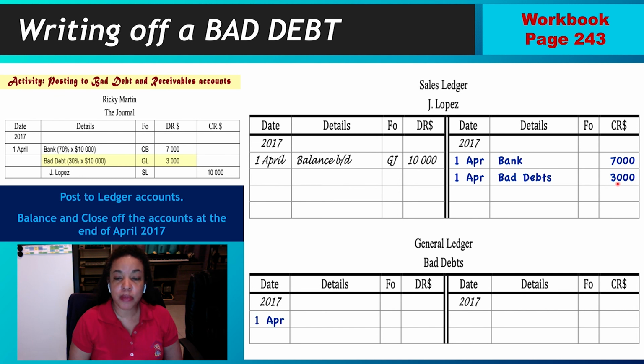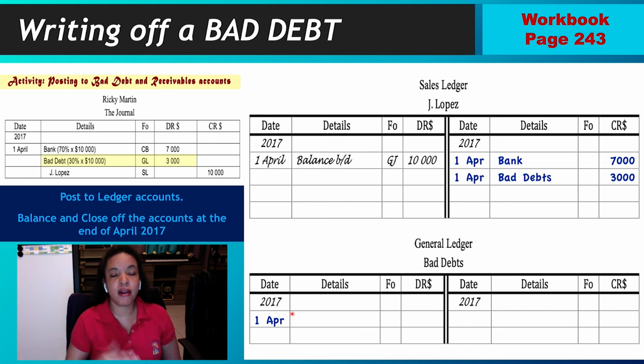Then we will go to the bad debts account, and since it's an expense, we put it on the debit side. Plus it says here, look, it's highlighted, it's said to go on the debit side. So we're going on the debit side, and you should, after practice, have it memorized. What is your detail?